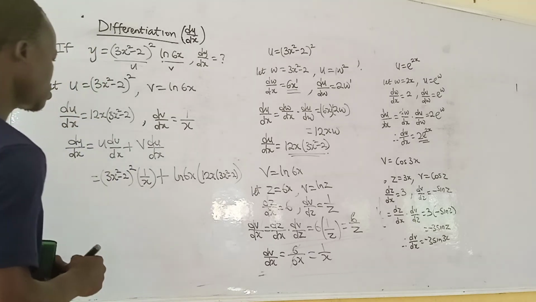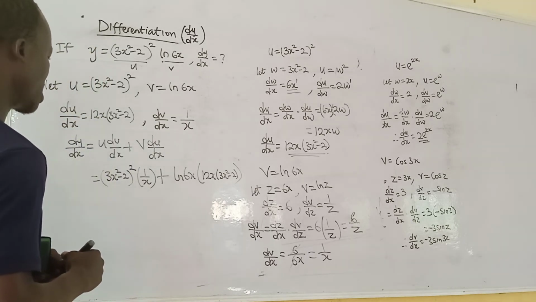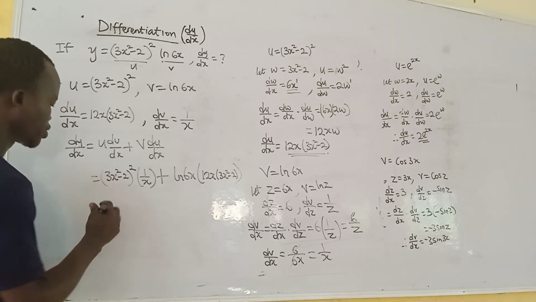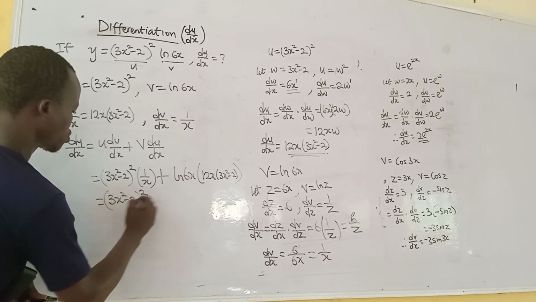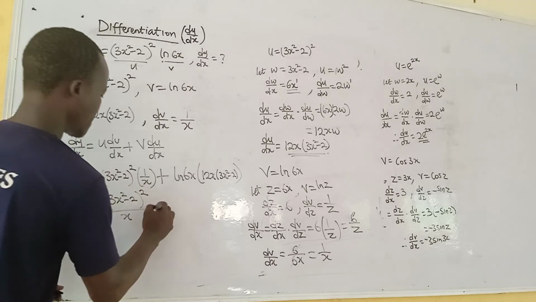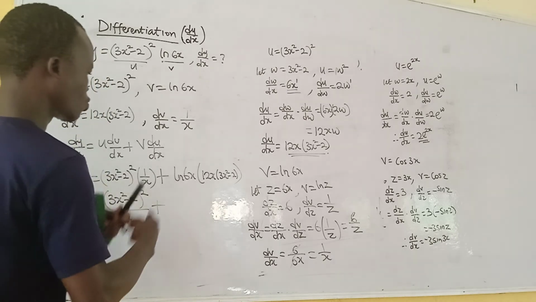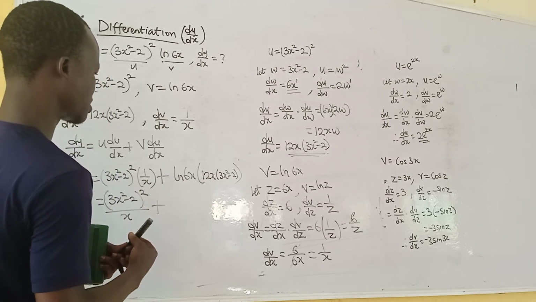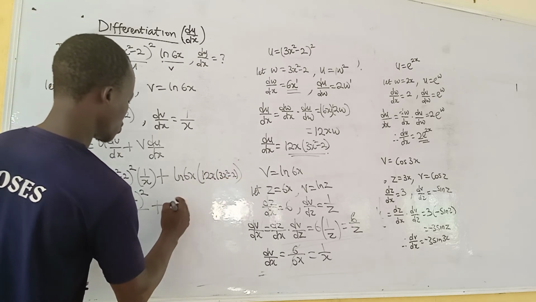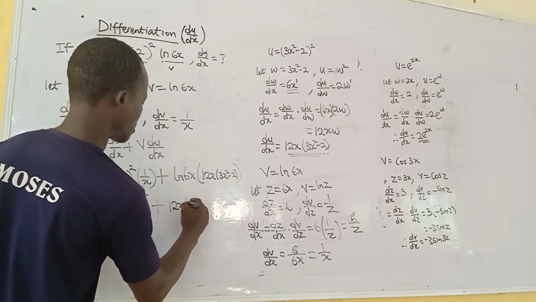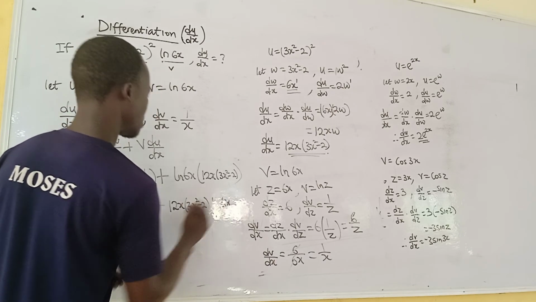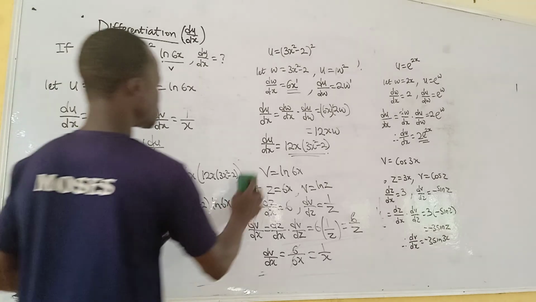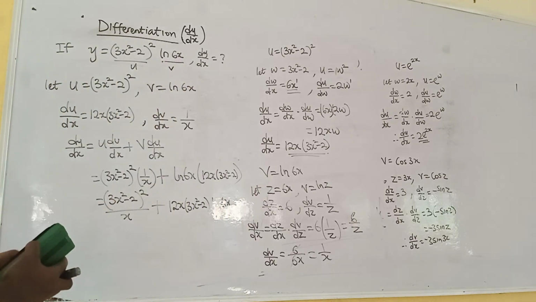So now, to finally simplify this, we have (3x squared minus 2) all squared over x, plus 12x times (3x squared minus 2) times ln 6x. So what can we still do to this? What we can do is find the LCM here.